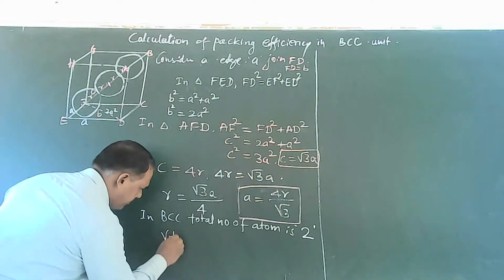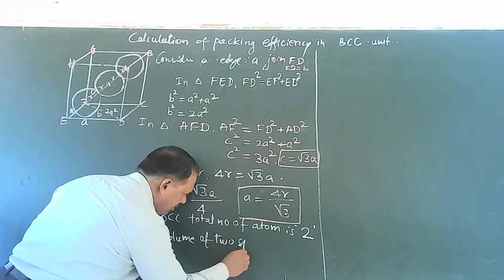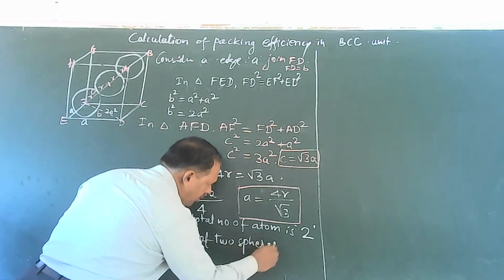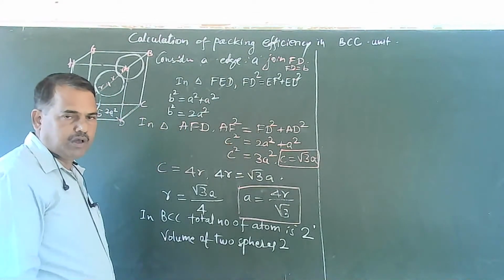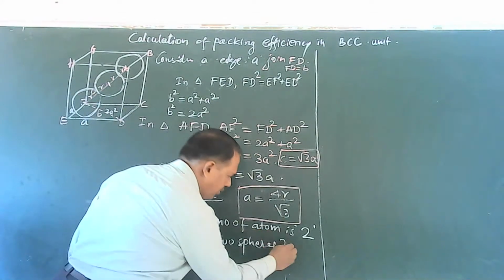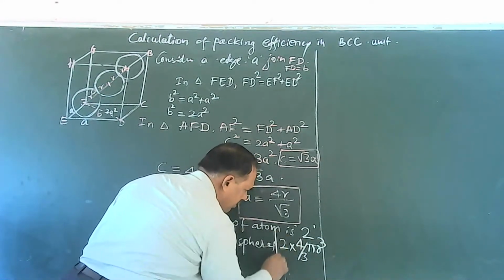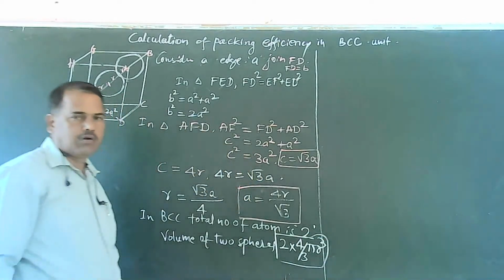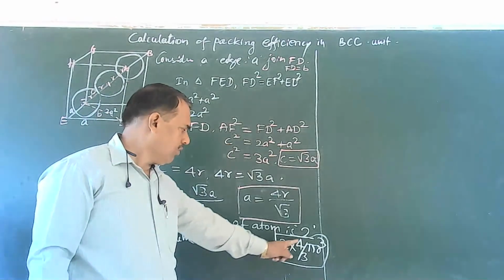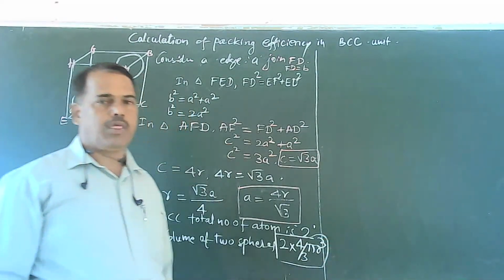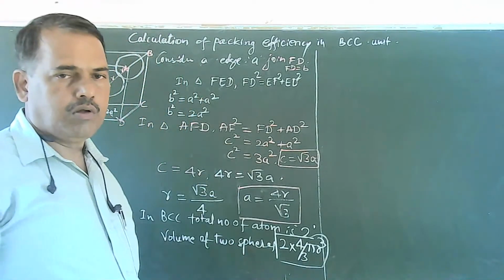So therefore, volume of two spheres is equal to 2 into 4 by 3 pi r cube. So this is nothing but the volume. Are you clear?